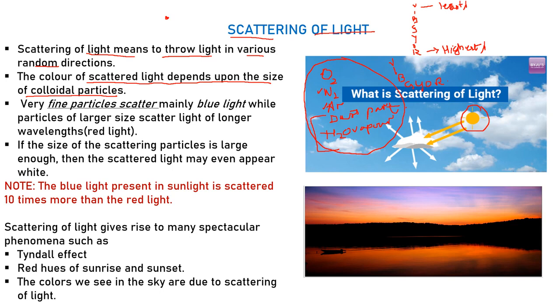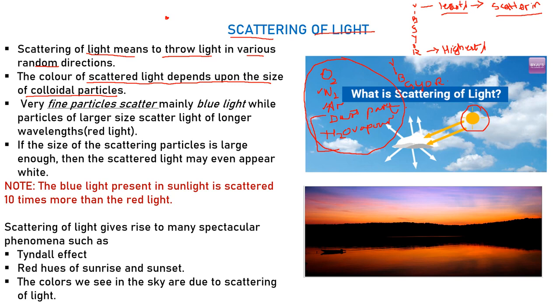Clear? Now, the smaller the wavelength, the more the scattering. So scattering is highest here. If the wavelength is smaller, scattering will be more.